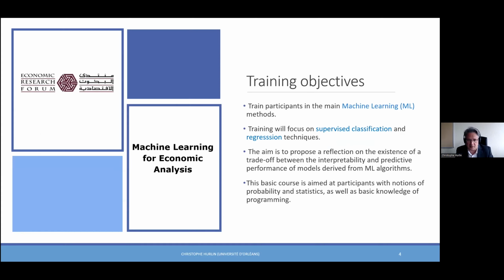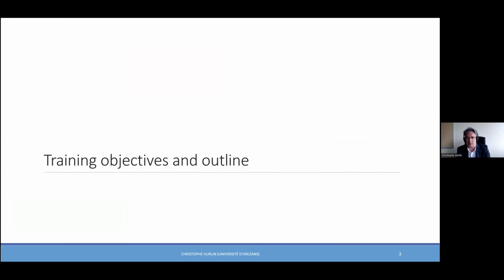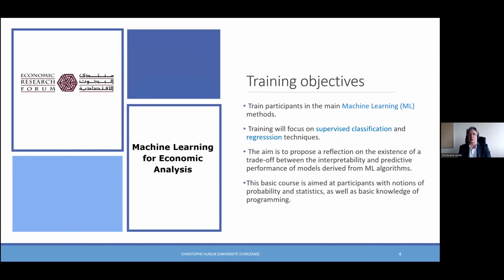So first, let me start with training objectives and outlines. The objective of the webinar is to train participants in the main machine learning methods. We'll make a focus on supervised classification and regression techniques.